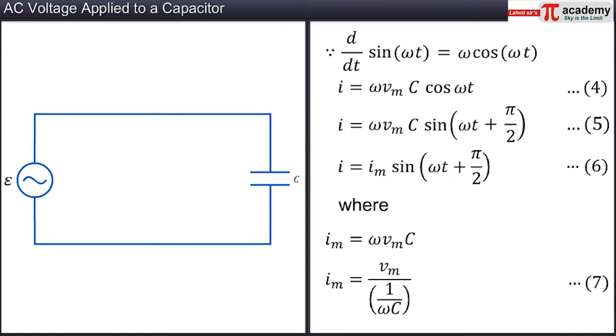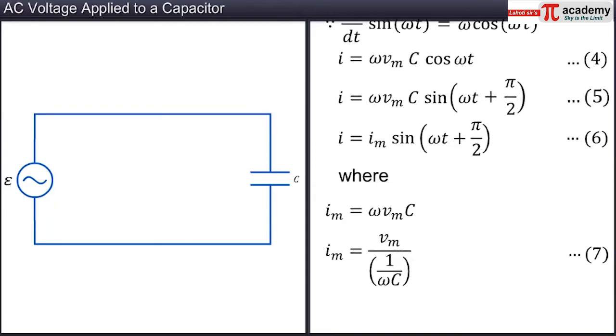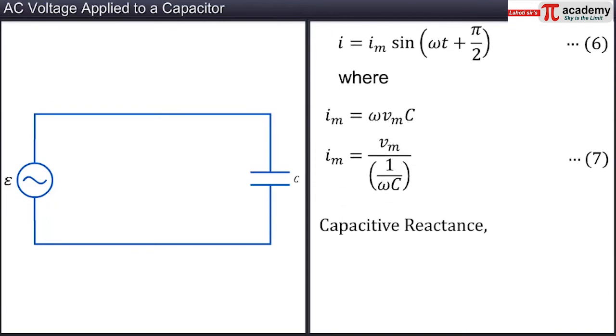Here, 1 by omega C is analogous to resistance and is called capacitive reactance. Capacitive reactance is denoted by Xc. Hence, capacitive reactance is given by the inverse of the product of angular frequency, omega, and capacitance C. Let this be equation 8.